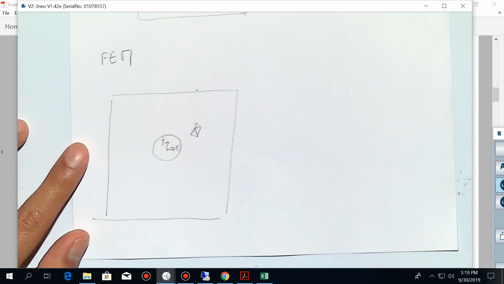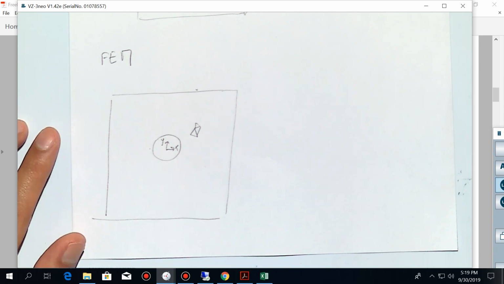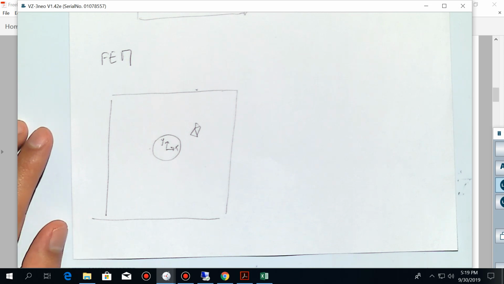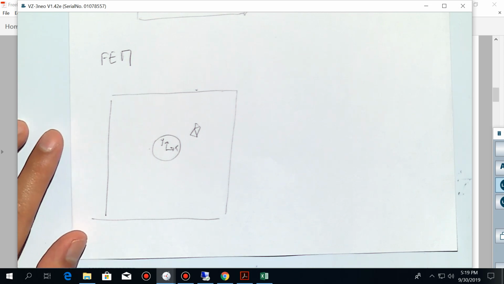If you want to solve this problem of a cavity analytically, it's much better to use cylindrical coordinates rather than Cartesian coordinates.